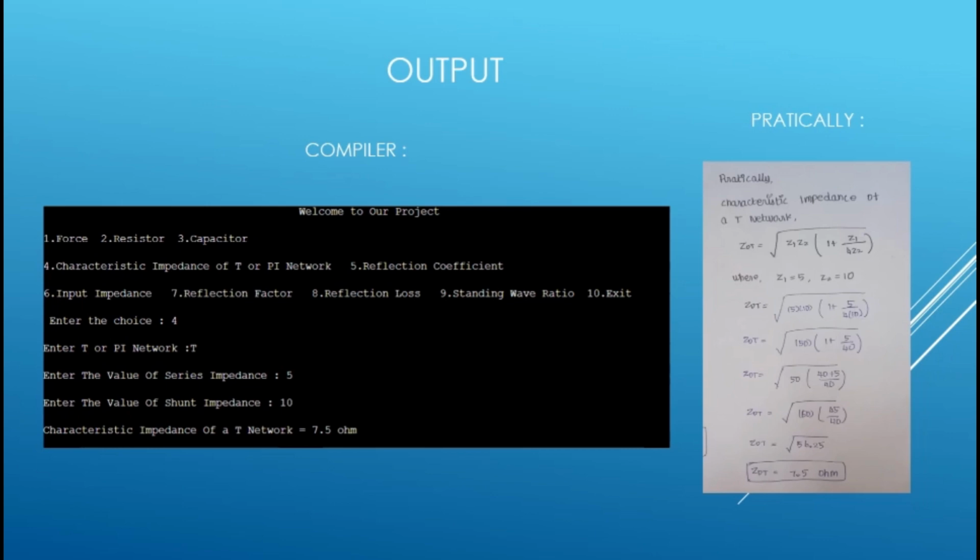Further cancelling, ZOT equal to root of 50 into 45 divided by 40. Inside the square root this is ZOT equal to root of 56.25, and the square root of 56.25 is ZOT equal to 7.5 ohm. The compiler also produces the characteristic impedance of T network as 7.5 ohm, and practically we proved it is 7.5 ohms.